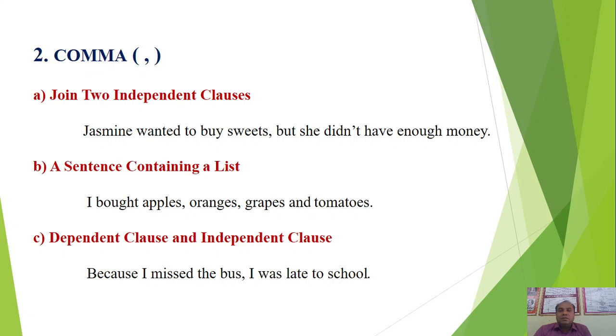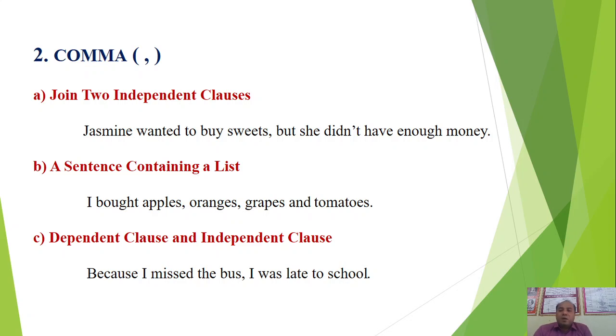The sentence is concerned with a single aspect, the sweets and not having a sufficient amount of money, so it should be separated through a comma. Like: Jasmine wanted to buy sweets, comma, but she didn't have enough money. So lack of money made Jasmine unable to buy the required sweets. Very good.